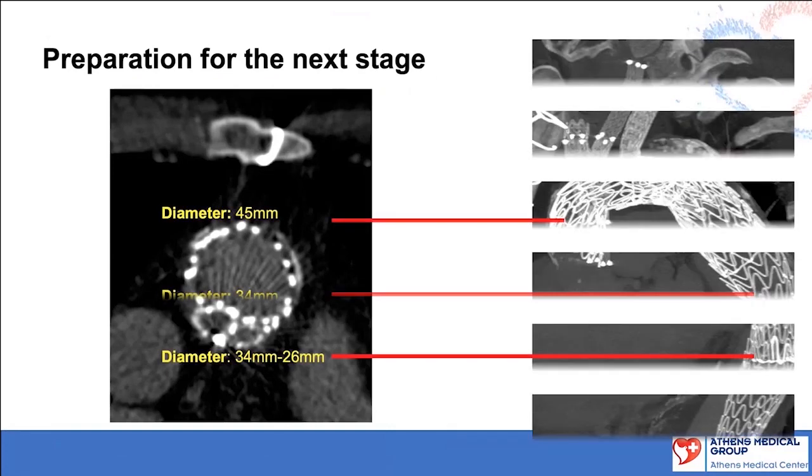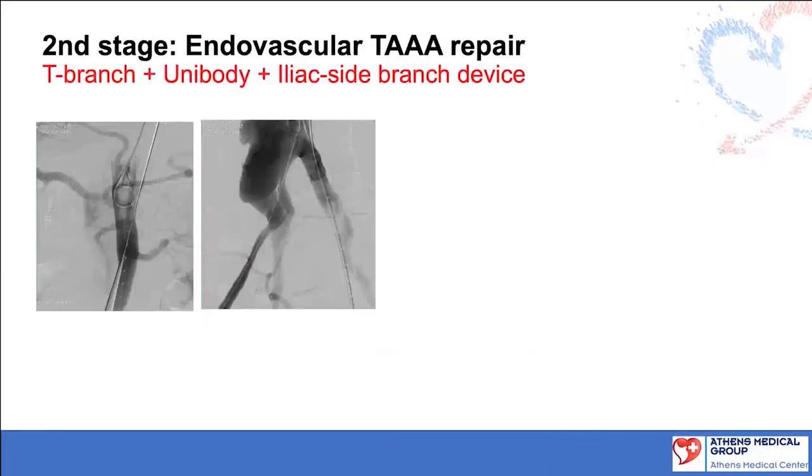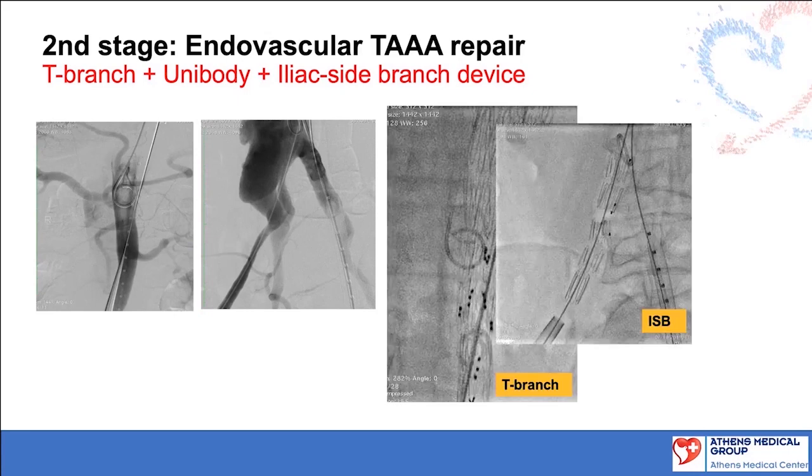This was the preparation of the next stage. You can see the reconstruction, further tapering of the thoracic endografts in order to prepare the place for an implantation of a thoracoabdominal branched endograft. In the second stage, we performed an endovascular TAAA repair with a T-branch from Cook Medical, the unibody and the iliac side branch.